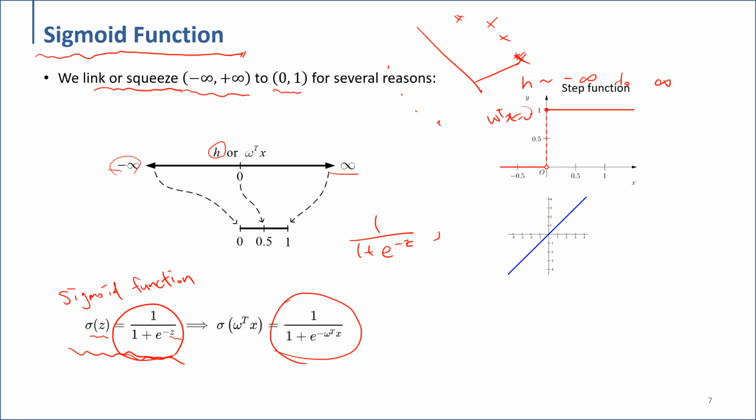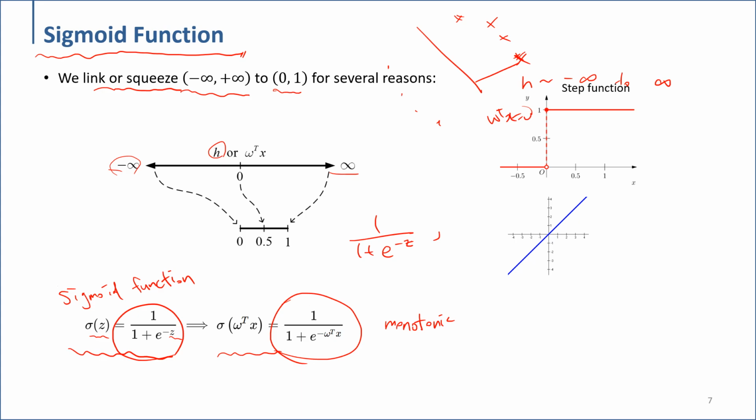One key point of this sigmoid function is that it is a monotonic, increasing function.